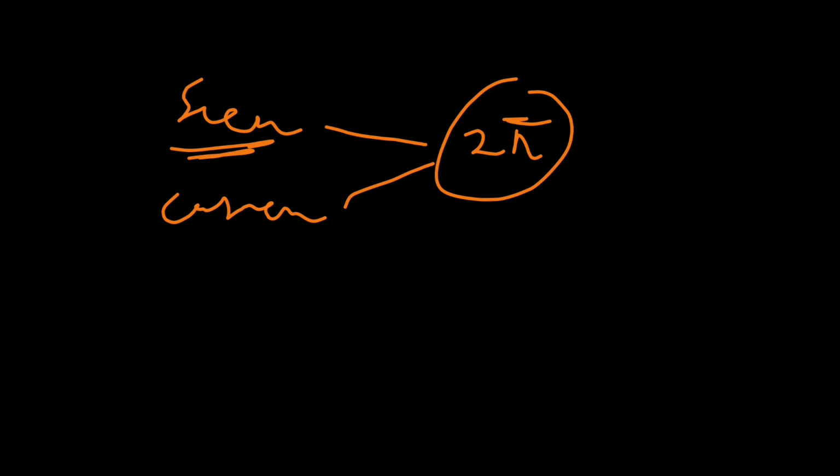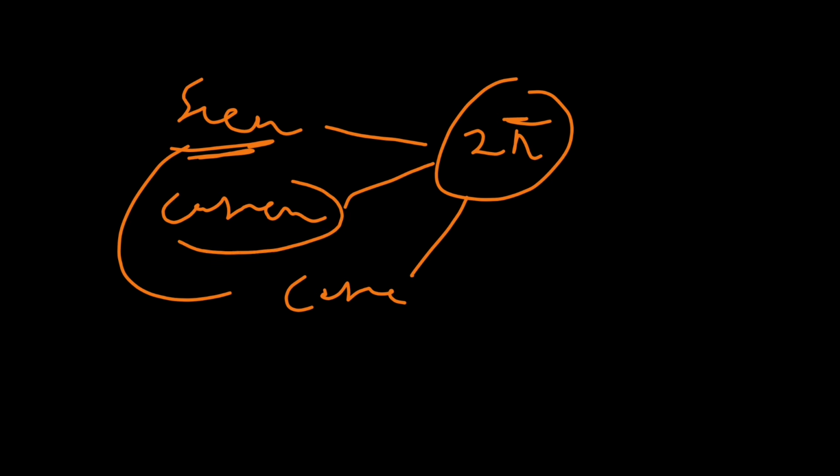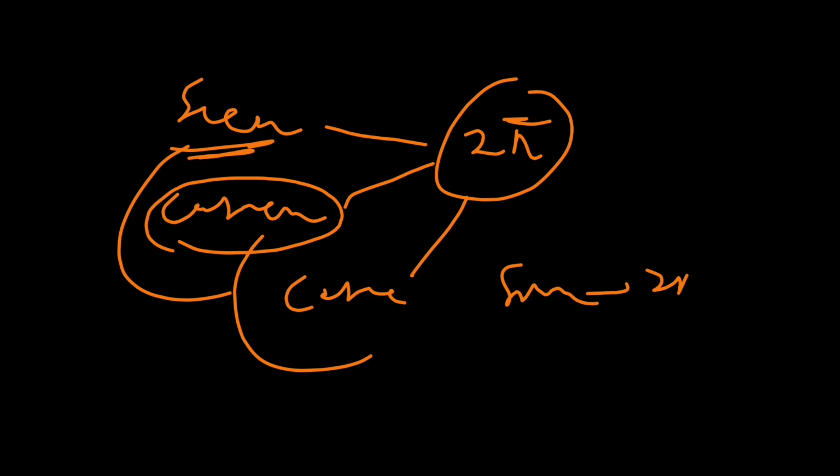So the period of cos and secant will be the same. Also, cosecant is the reciprocal of sine. The period of sine is 2 pi, therefore the period of cosecant will be 2 pi.